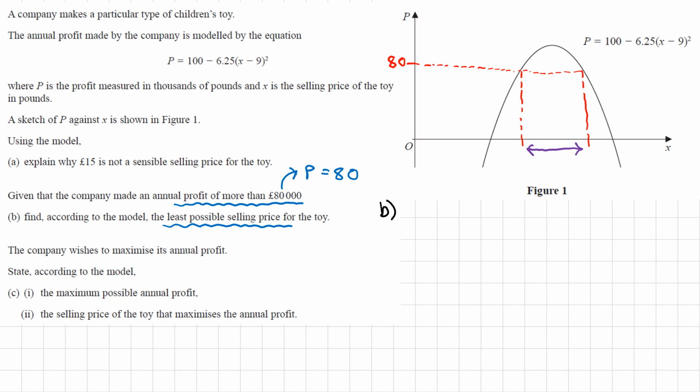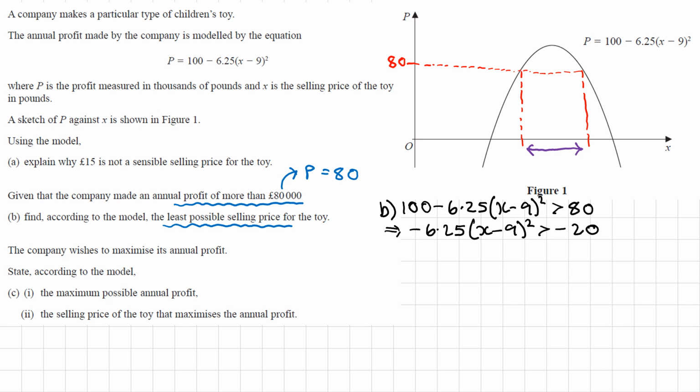So first thing, P is 80, but our profit needs to be more than that. So 100 minus 6.25 times (x minus 9) all squared needs to be more than 80. So first step, let's take away 100 from both sides. I've got negative 6.25 (x minus 9) squared is greater than negative 20.